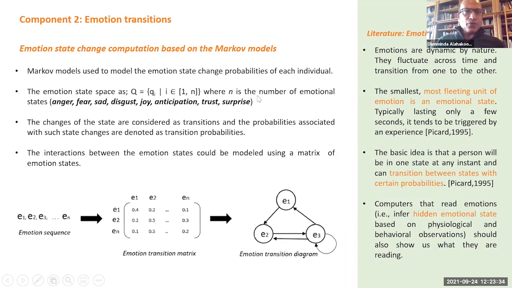Then the intensity profiles from the first component are used in a Markov model to generate what we call an emotion transition diagram. I won't have time to talk about how it is done, only what it is about.